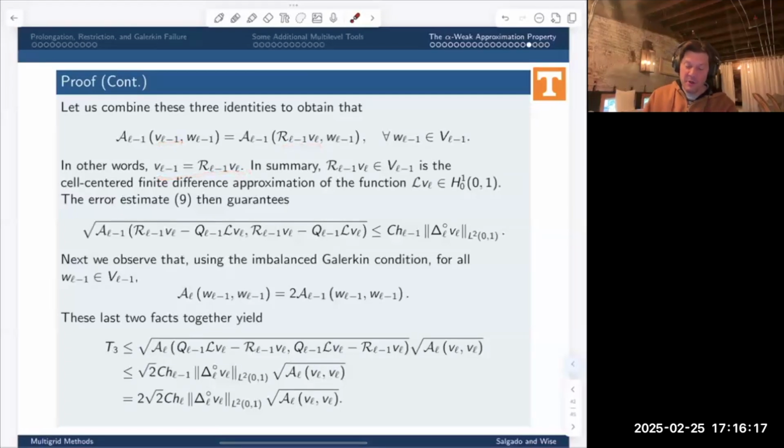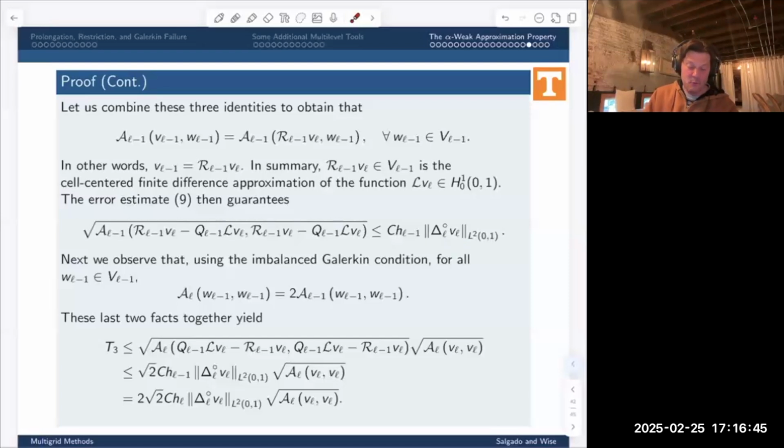So in summary, this RL minus 1 is the cell-centered finite difference approximation of this function, the lifting operator VL, in this continuous space. And so what that says is now we can again use our error estimate from 9. So what we need to know is, well, what's the left-hand side? The left-hand side for that continuous function, f, is going to be that object there.